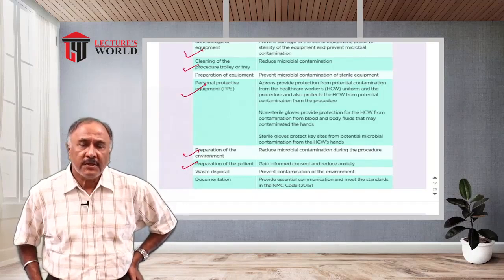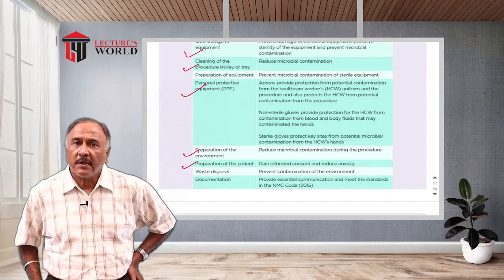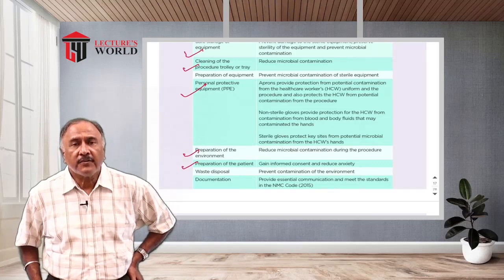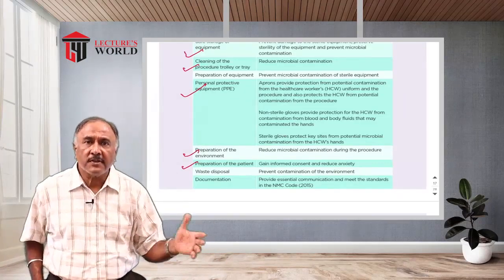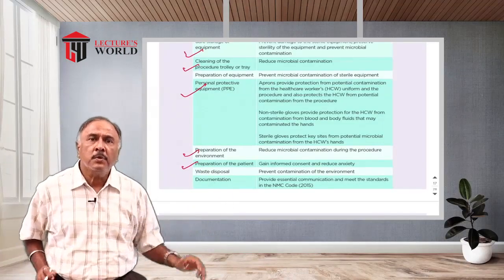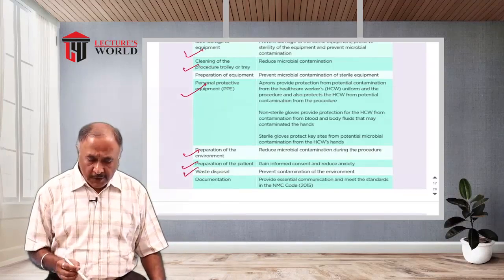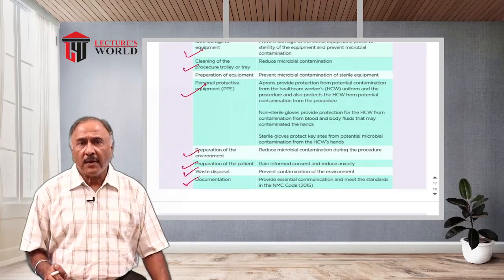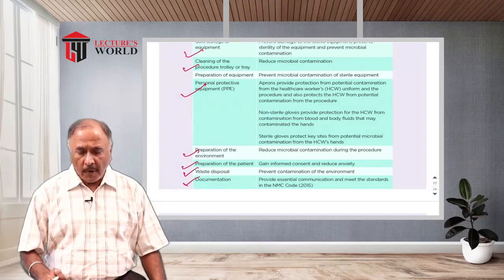It means the patient is also required to be covered with certain sterile clothing so that he does not transmit microorganisms to the nursing staff, which they may in turn pass on to healthy individuals. Disposal of waste, that we are going to study next. And then finally the documentation. Documentation is an important part of any department and it has to be properly documented.